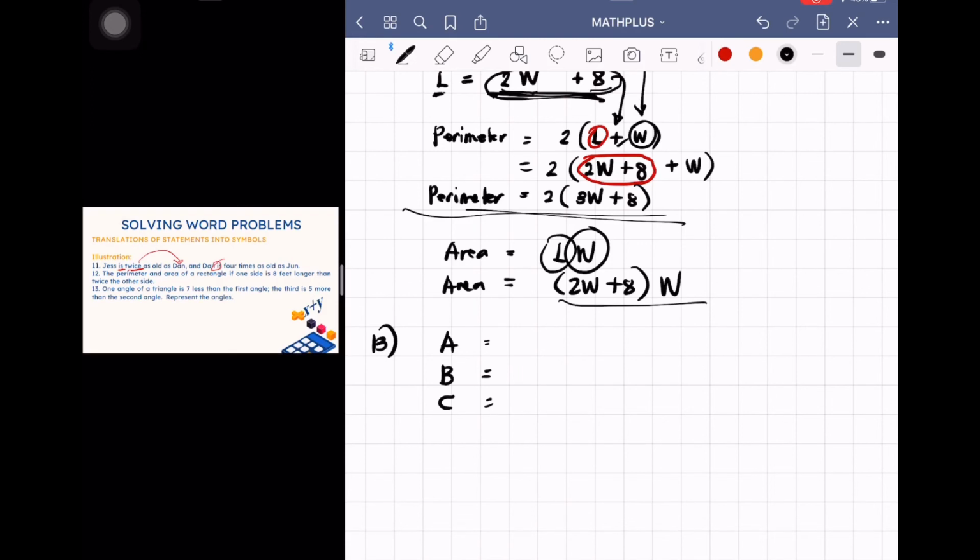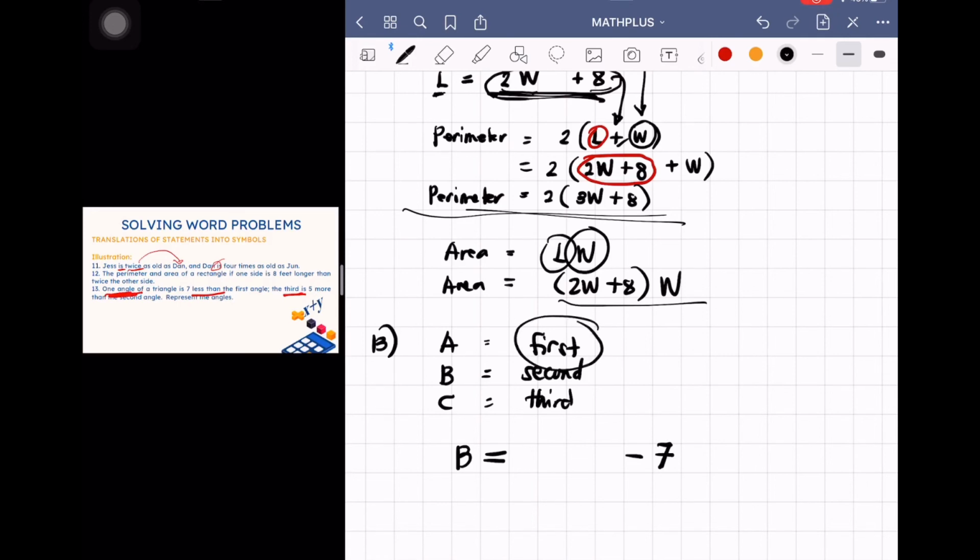So, definitely this represents the second angle, diba? Because none is mentioned about the second. Ito kasi third, yung relationship na ng third angle. So, this one is your second angle, which is B. This is your first. And then this one is your third. So, one angle daw, which is your B, of a triangle is 7 less than, sa unahan ko yung susulat, 7 less than the first angle.